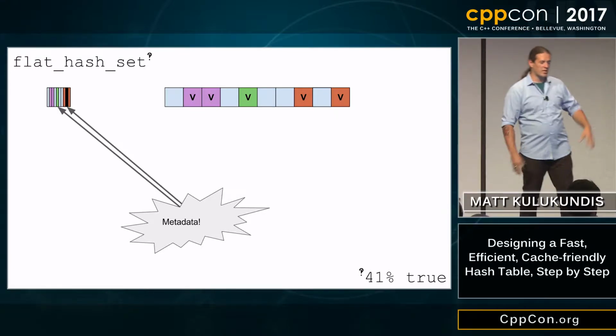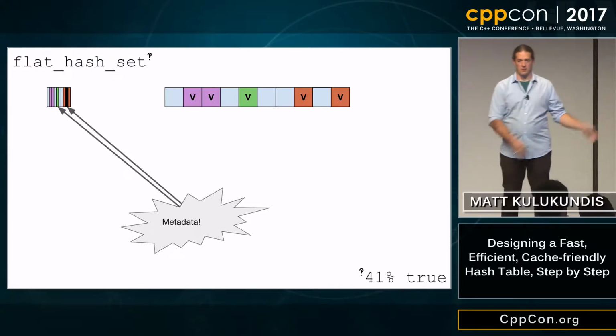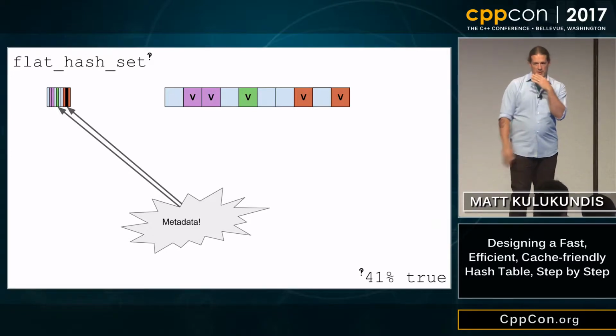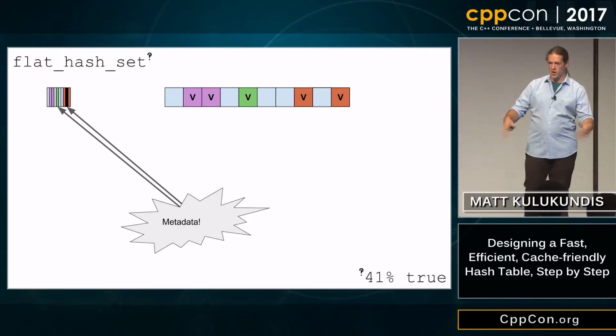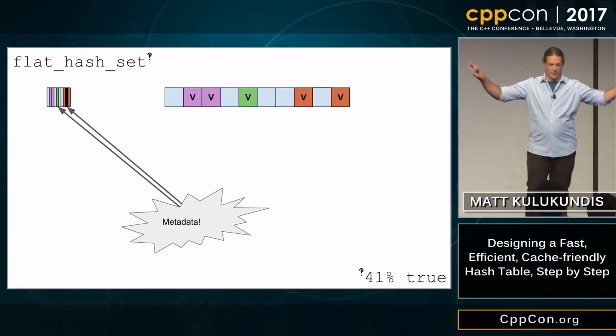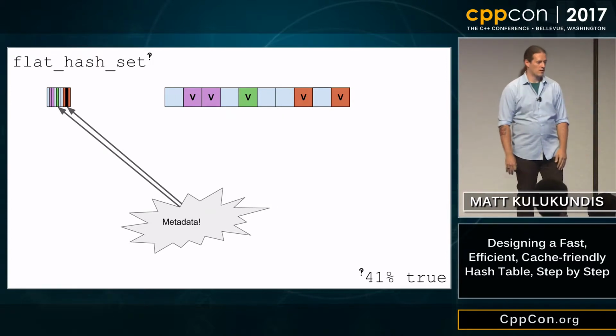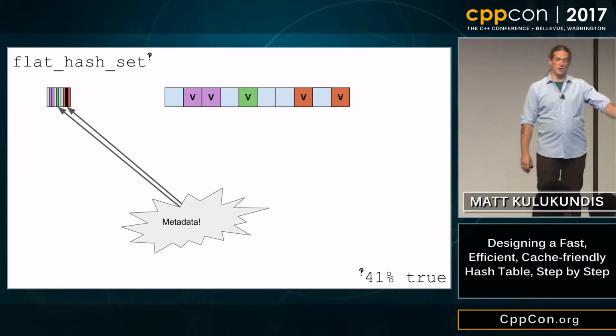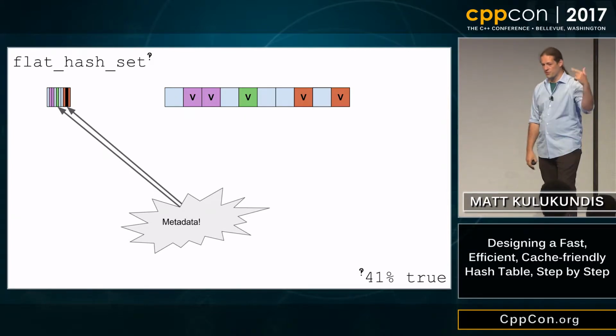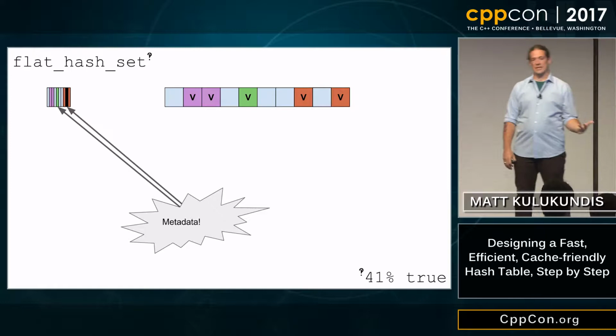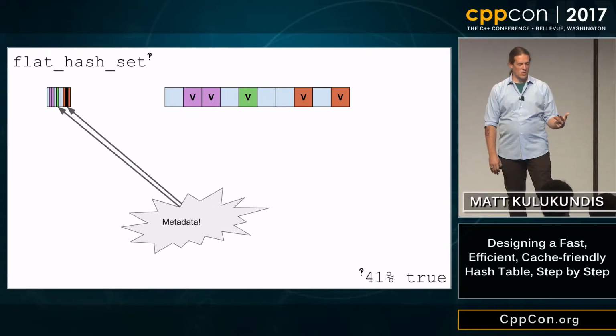So what is this? We're going to keep a little parallel array of metadata. Dark secret, it's in the same allocation, but for the purposes of our talk, we can think of them as separate. And what do we need to keep in our metadata array? Well, we need to know whether it's empty, whether it's full, or whether it's deleted. 1.5 bits.